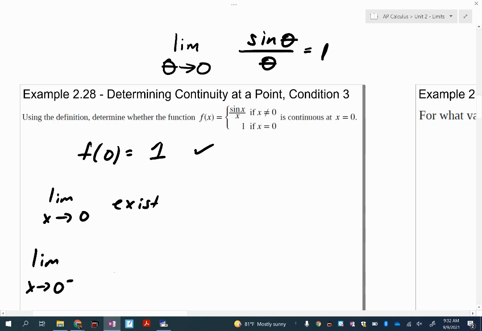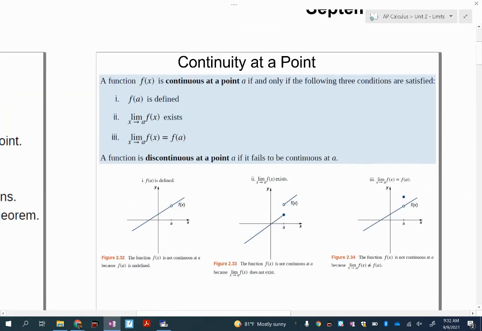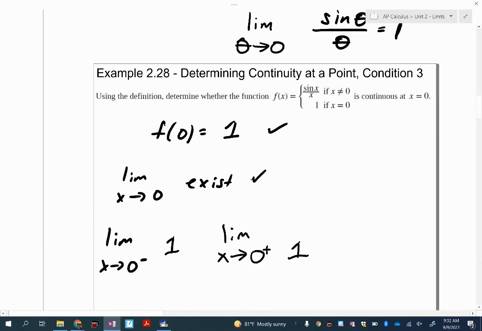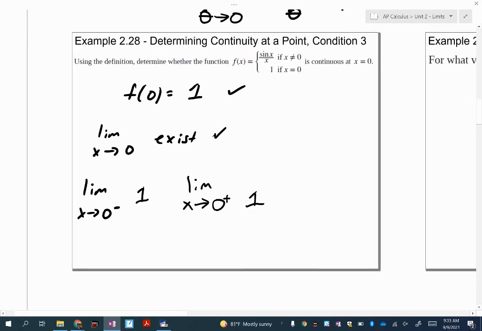So the limit as x approaches 0 from the left is 1. The limit as x approaches 0 from the right is also 1. So this does exist. It's 1. Now the last condition is to say that the limit as x approaches a of f of x equals f of a. So when I look at this, what we're looking to see is if these two match.